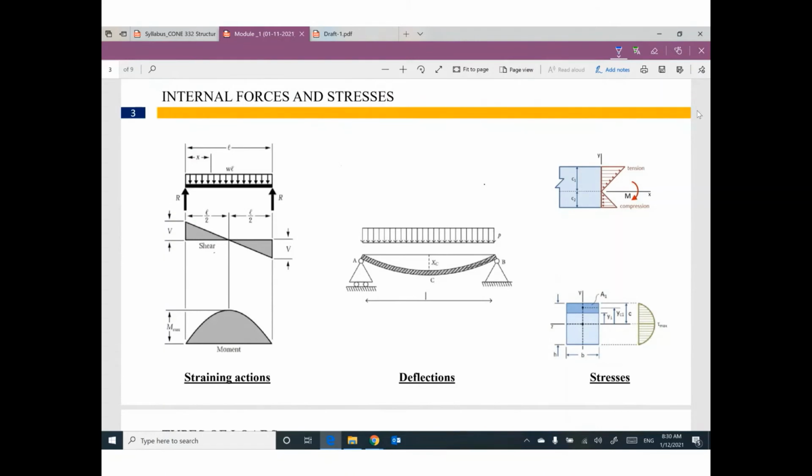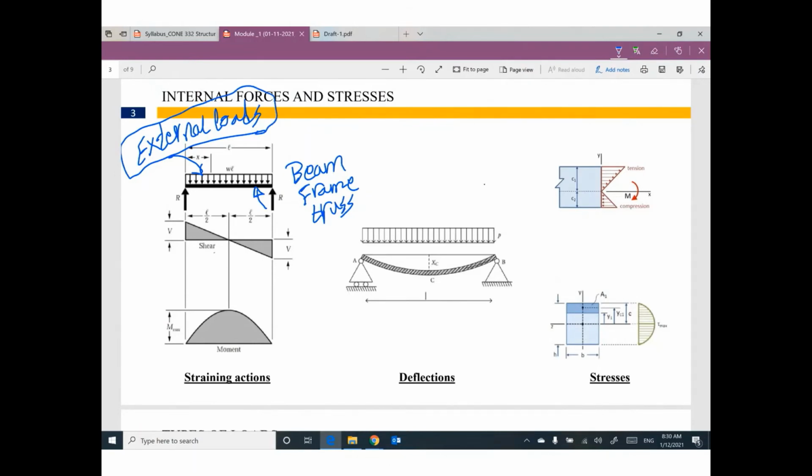In this course, we have a structure. This structure can be a beam or frame or truss. We have external loads.